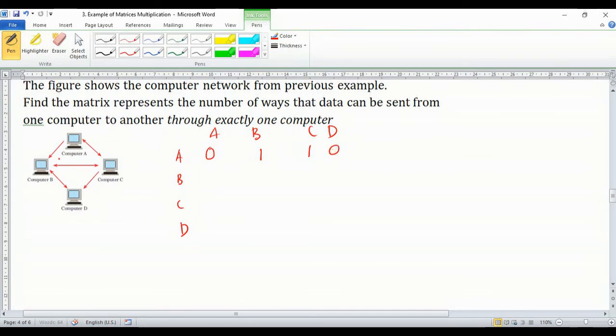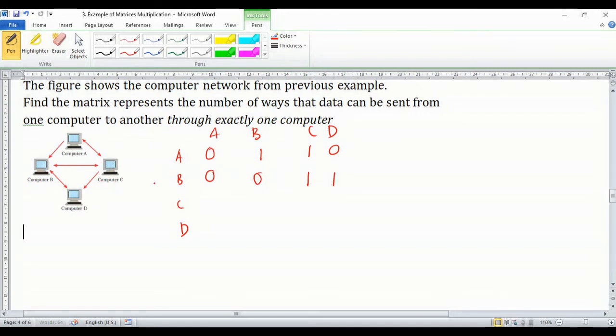And then B to A is impossible, yeah, possible only if going through another computer, like A to C but to B after that. B to B, it's impossible. B to C, it's 1. B to D, it's 1.